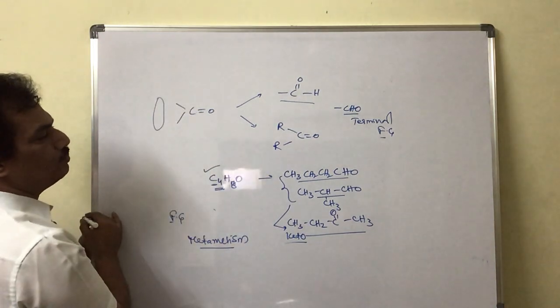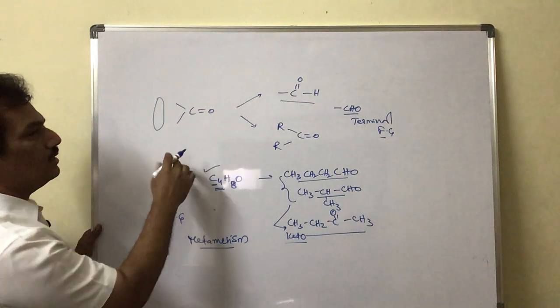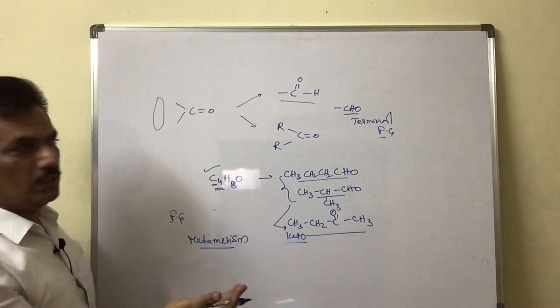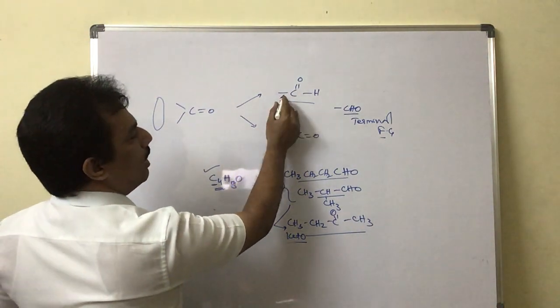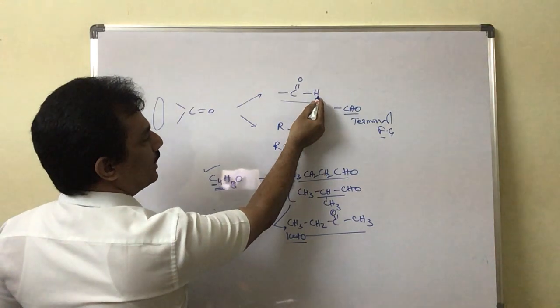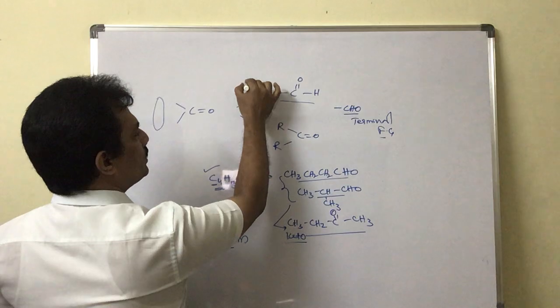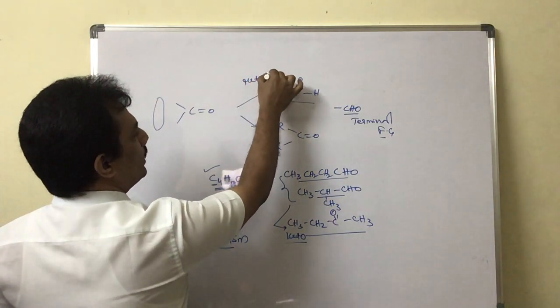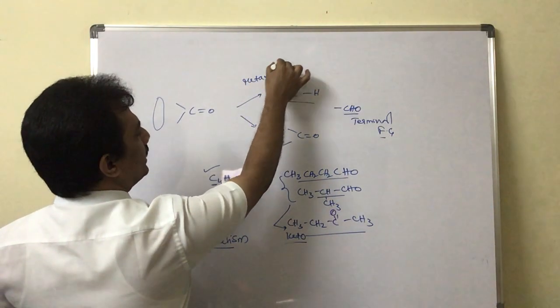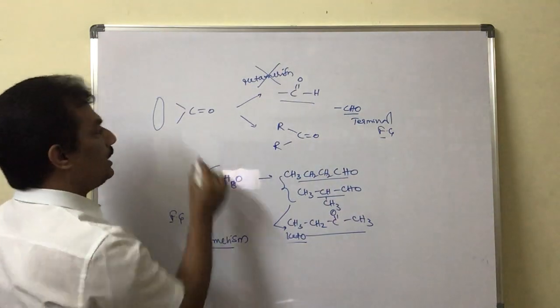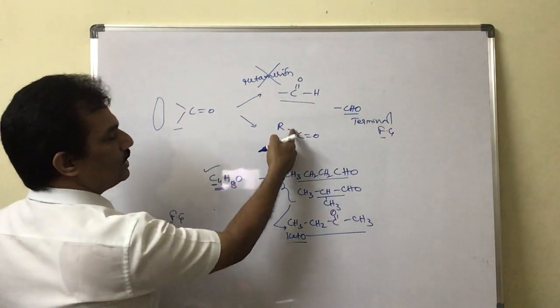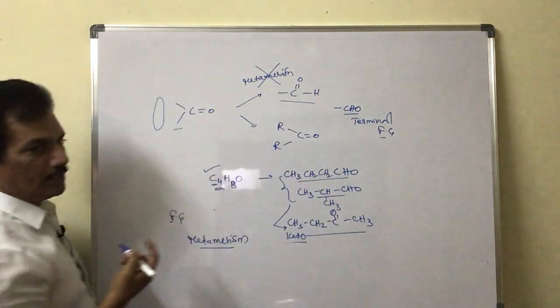Divalent functional group means one having valency 2. In aldehydes, one valency is already bonded with hydrogen, so it is only monovalent. So in aldehydes there is no metamerism, but ketones, being divalent, can exhibit metamerism.